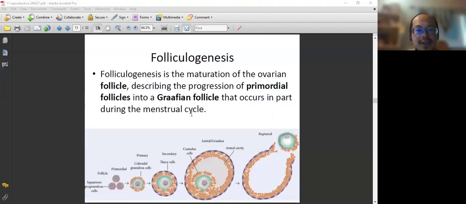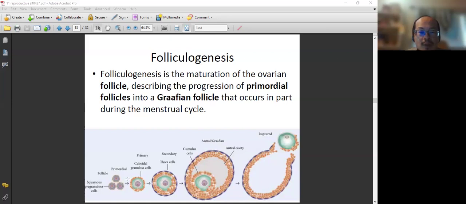So this is another picture to show you the folliculogenesis. What you need to know is basically two terminologies. One is primordial follicle. Primordial follicle is the beginning. So which follicles do you find in a female's body before ovulation or before puberty?